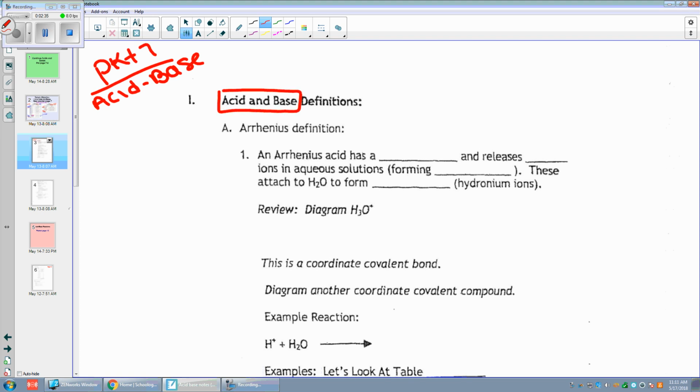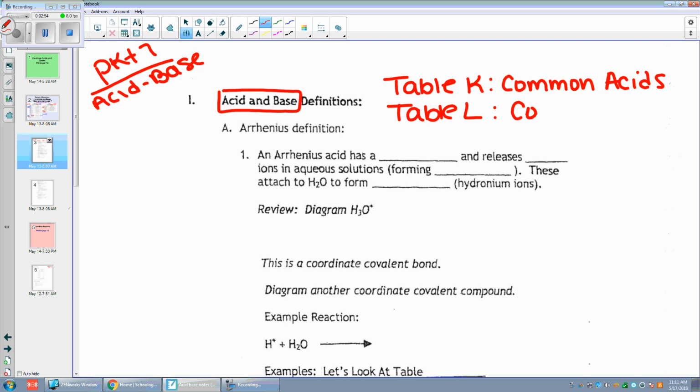We had already seen a couple things on table K and table L. So we're going to note that table K has your common acids. Table L has your common bases. So table K and table L will be very important to us.